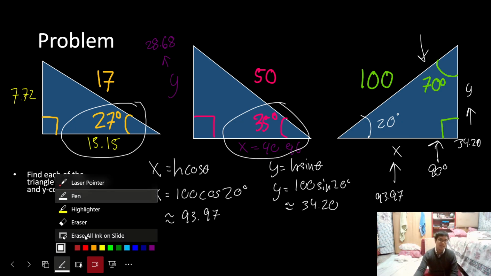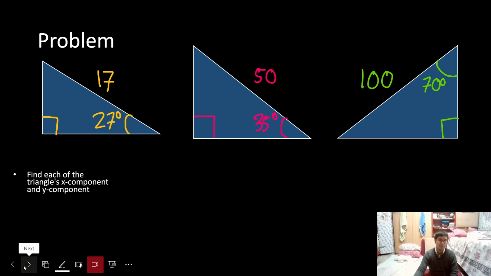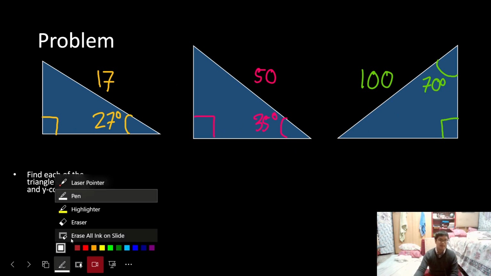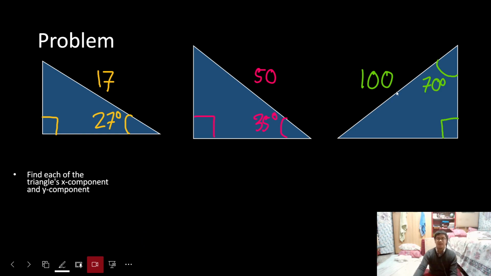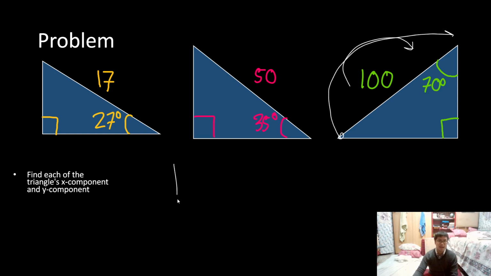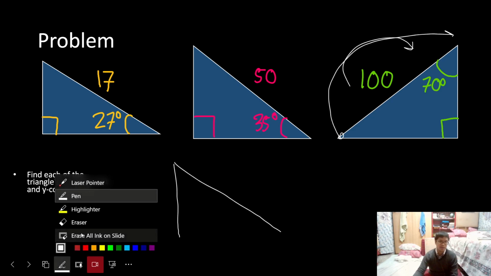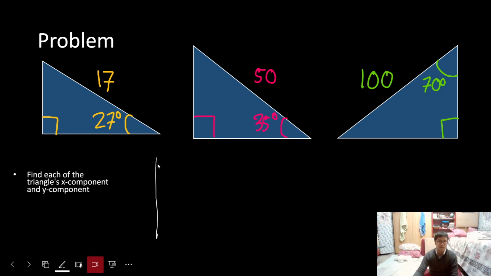The second way is, oh, I erased everything, but it's okay. The second way is to try to rotate this one by 90 degrees. If you rotate from this point up to 90 degrees, we will have this one instead.